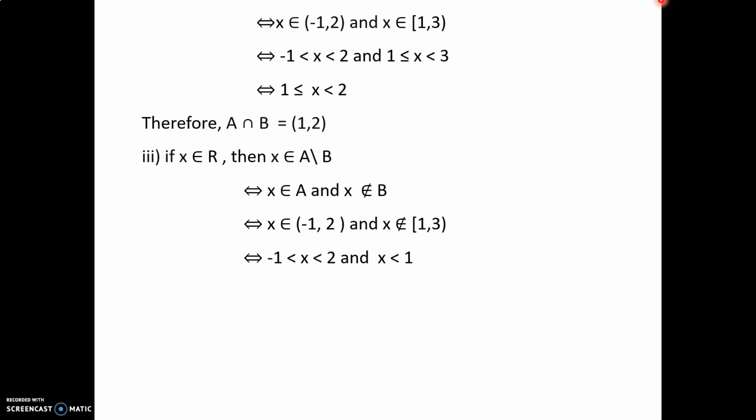That is, we take x greater than -1 and less than 2, and x less than 1, because x not belonging to [1, 3) means x is not greater than or equal to 1. Therefore, we take x less than 1, which is satisfied only if x belongs to the open interval (-1, 1). Hence, we say that the difference set of A and B is (-1, 1).